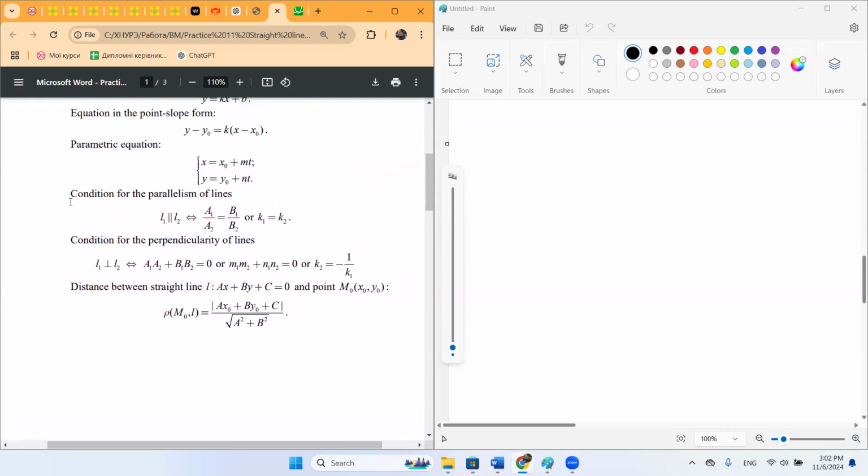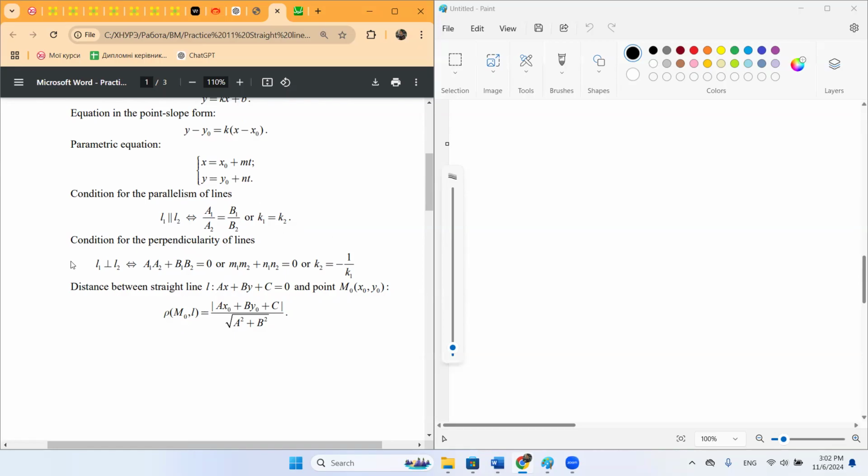And here is the condition of parallelism of lines. Lines L1 and L2 are parallel if coordinates of normal vectors are proportional or slopes are equal.